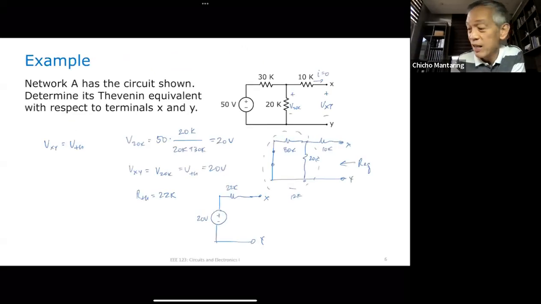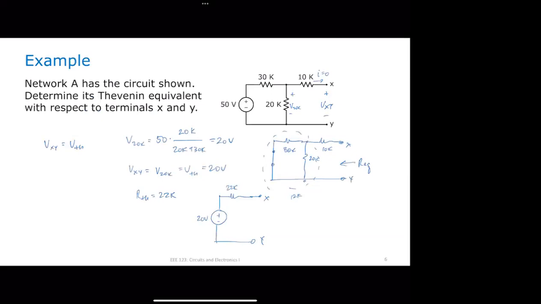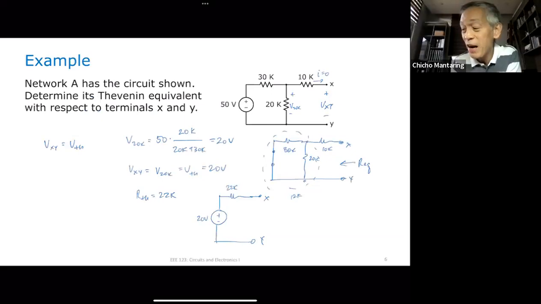So what is my current source going to be? What is the value of my current source going to be? Anyone? Did you forget already? 5/3, po. 5/3 amp. Actually, 5/3 milliamperes, because of the K. Be careful.